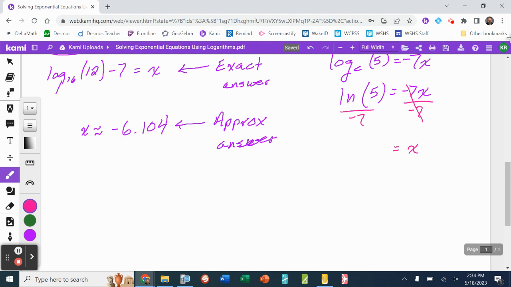And then on the left, nothing can really simplify out, so I'm going to have the natural log of 5 divided by 7, and the negative is going to go out here to the front. Okay. So again, this here would be our exact answer. If you're asked to give an exact answer, this is what you would want to give. That's your exact answer.